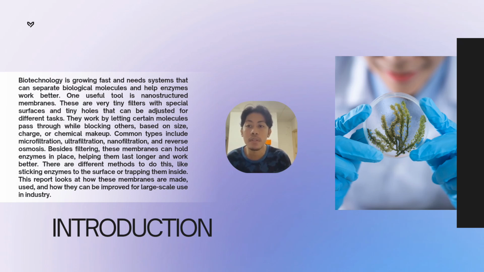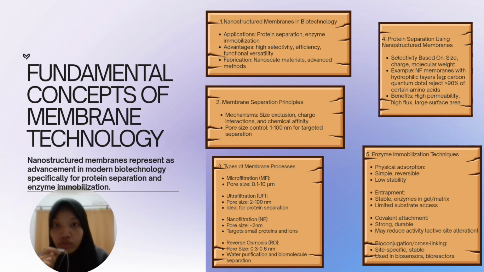This report looks at how these membranes are made, used, and how they can be improved for large-scale use in industry. For the fundamental concept of membrane technology, nanostructured membrane represents an advancement in modern biotechnology, specifically for protein separation and enzyme immobilization.